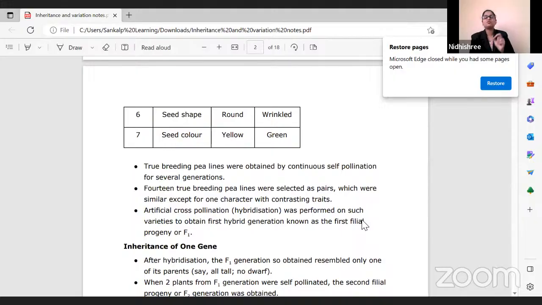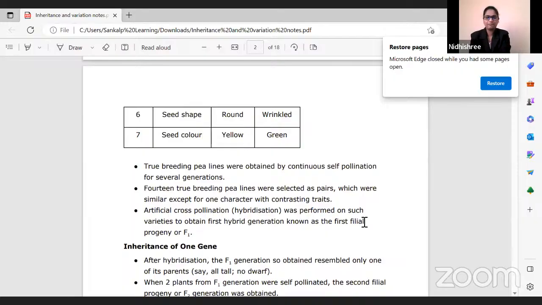That is why read the terms very carefully, especially the definition of certain terms like true breeding, self-pollination, artificial cross-pollination, emasculation, and all. True breeding lines are obtained from continuous self-pollination for several generations. So we know that Gregor Mendel selected the pea plant.